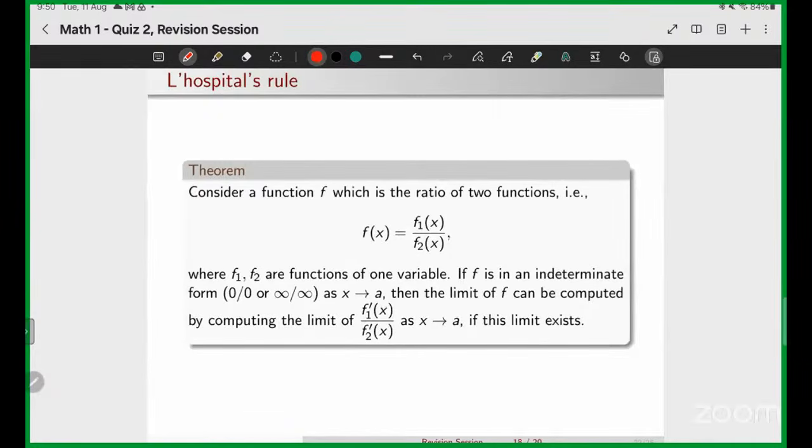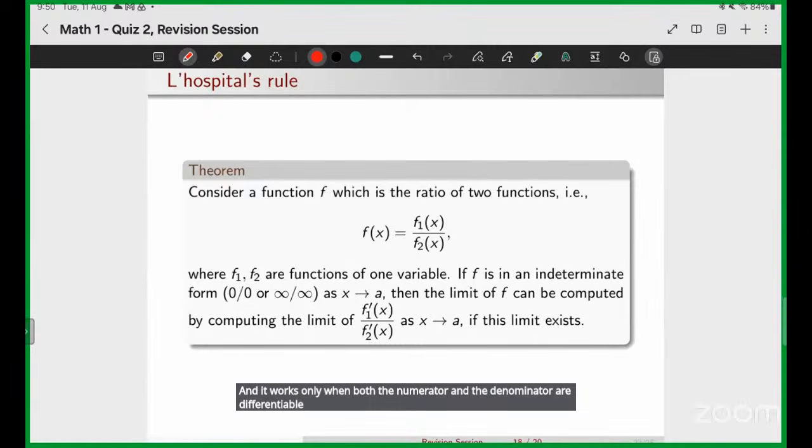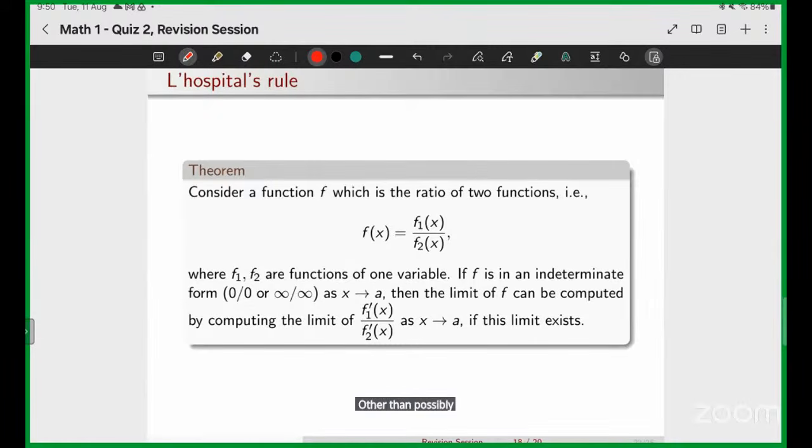All right. So yes, back to L'Hopital's rule. Now that we know differentiability, there is a very strong rule called L'Hopital's rule, which allows us to compute the limits of functions which are written as the ratio of two functions. And it works only when both the numerator and the denominator are differentiable, other than possibly at the point of interest.